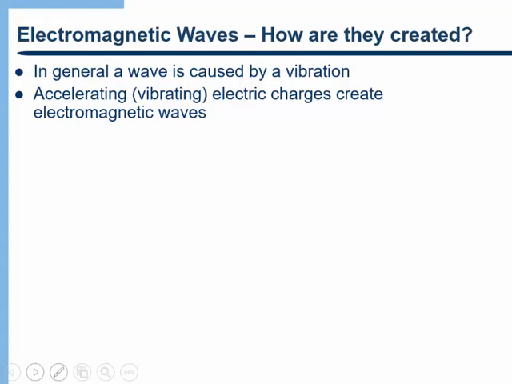Remember, they could be accelerating back and forth, up and down like in an antenna, or they could be accelerating in circular motion like how we create microwaves in a microwave oven. But as long as the electrons are accelerating in some kind of a periodic way, whether back and forth or around in a circle, that's going to create an electromagnetic wave.